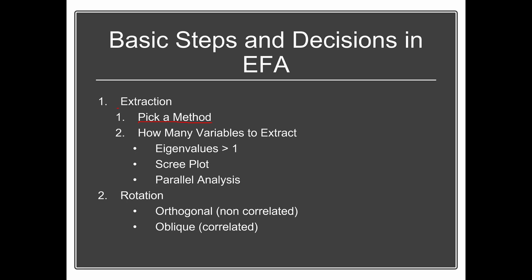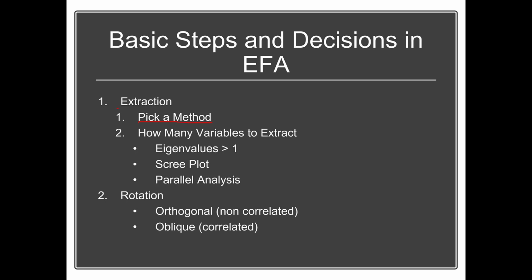There are some ways that we'll do this. We'll talk about these different ways as we go through. And then the last thing that we'll do is rotate the factor structure to make it more interpretable. So again, I apologize for all these terms. I'm going to go through these in great detail as we go through this.